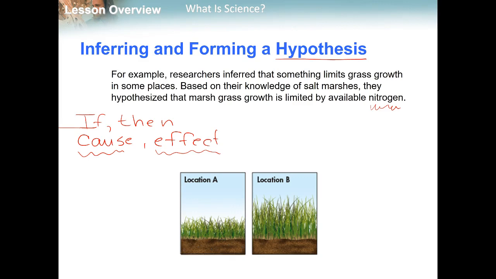I can, because I can check if there's nitrogen available in location A. So it's cause and effect. So every time you form a hypothesis, I want you to put it in an if-then statement. If the grass is green, then elves painted it green. I can test that. I can test that cause and effect. Okay?